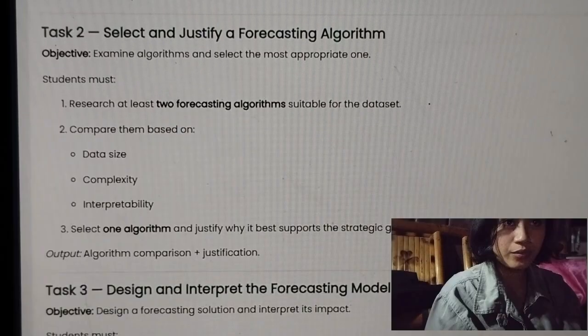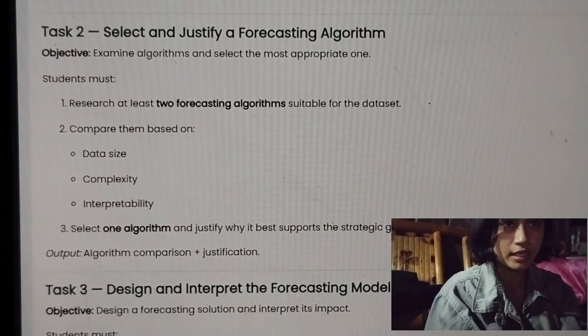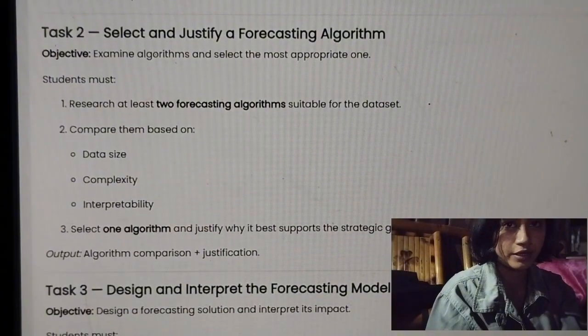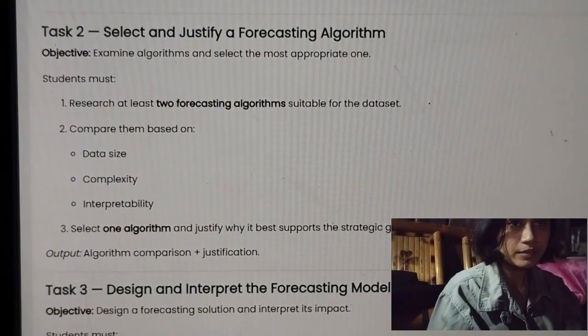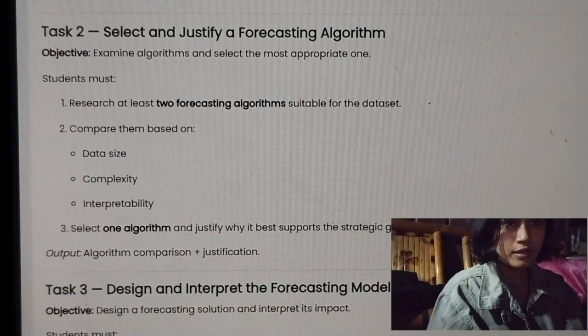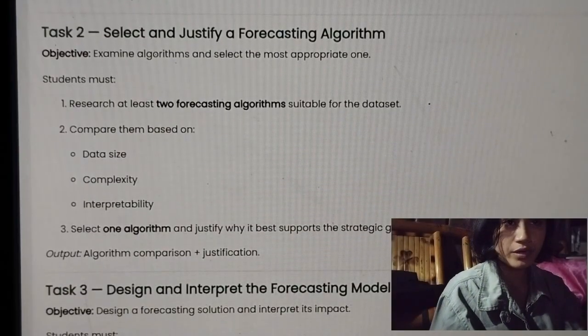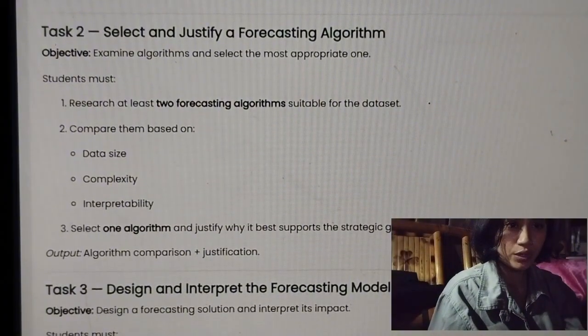For the selected algorithm and justification, linear regression was selected as the forecasting method. This is because the dataset shows a clear upward trend in sales, and linear regression captures this trend and provides a clearer picture of future growth.